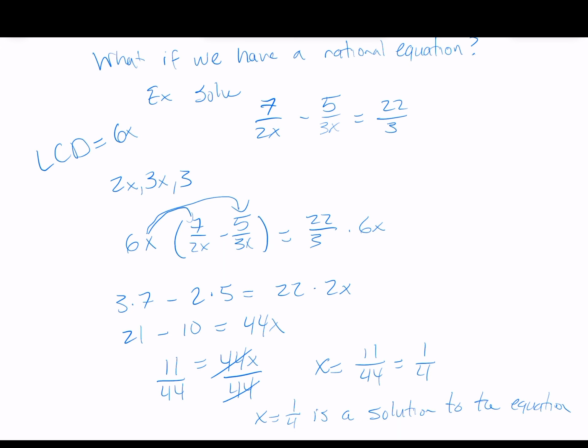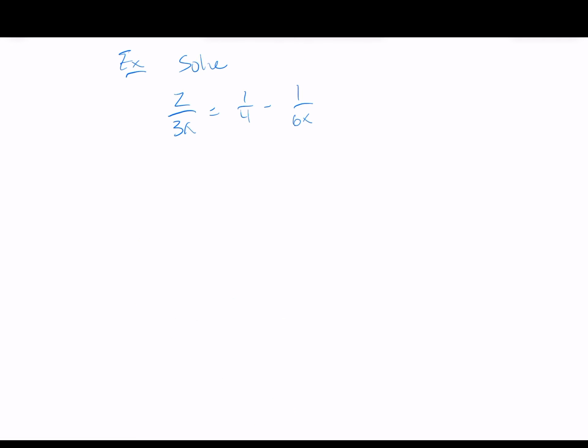Let's consider solving another equation. This time we have 2 over 3x is equal to 1/4 minus 1 over 6x. So what do we do first? Well, if we can, we want to factor the denominators.